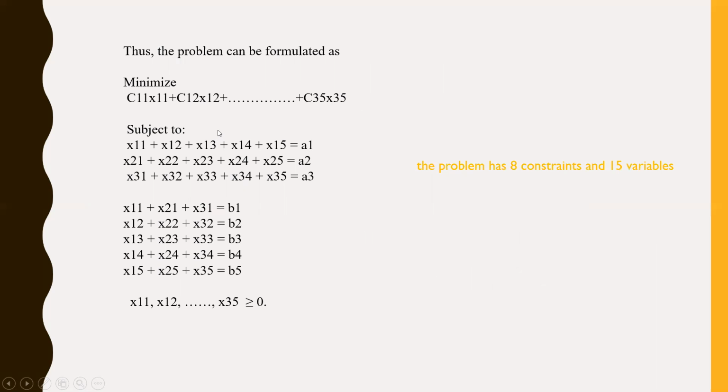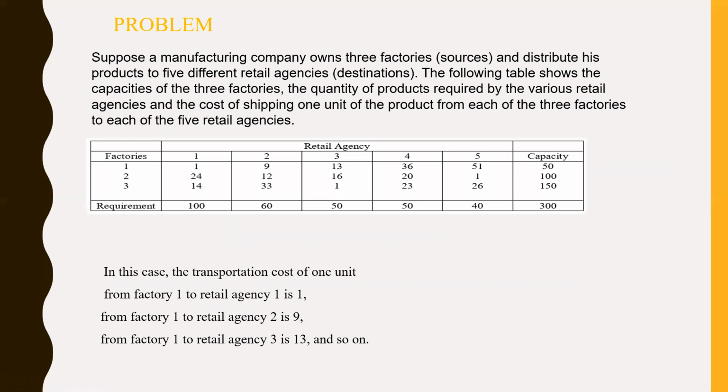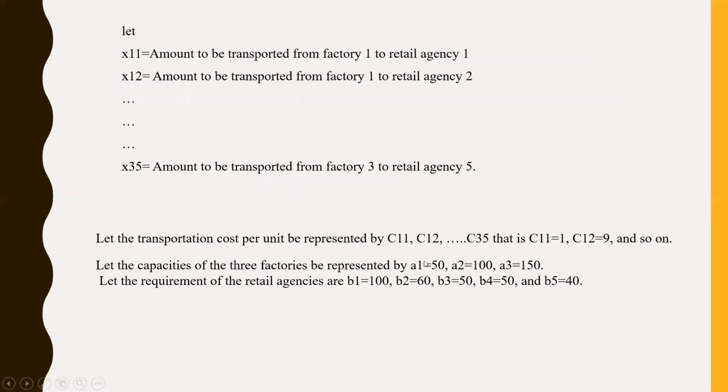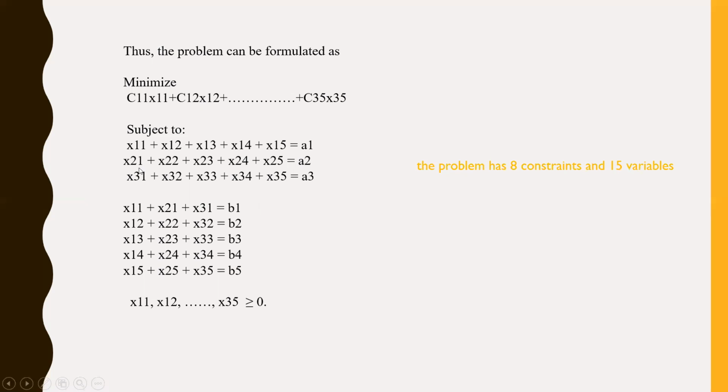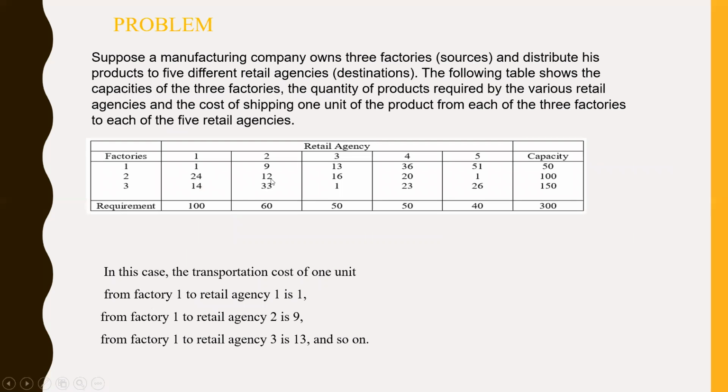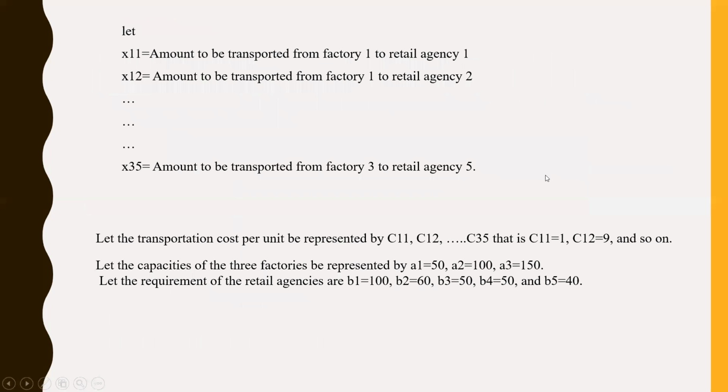X11 plus X12 plus X13 plus X14 plus X15 equals A1, which is 50. Then X21 plus X22 plus X23 plus X24 plus X25 equals A2, which is 100.